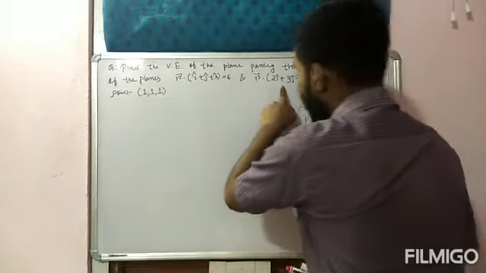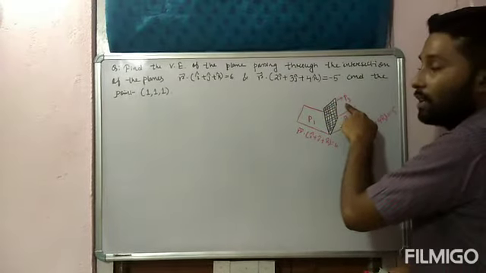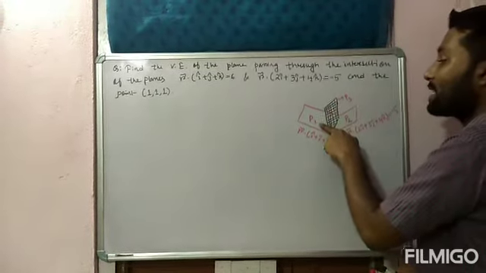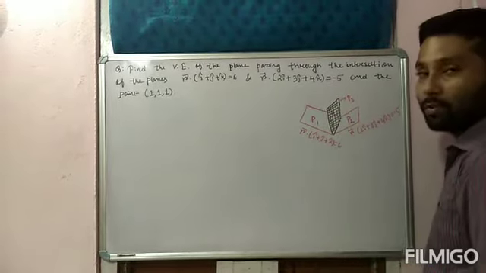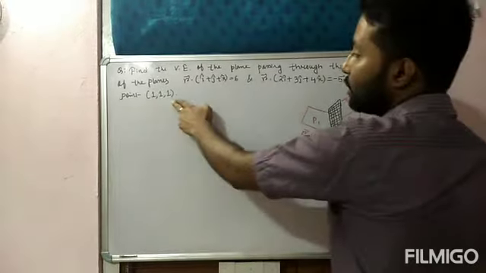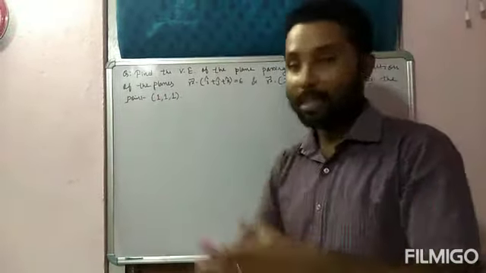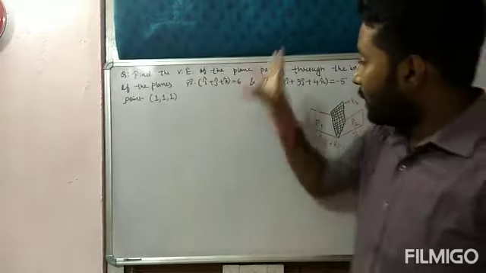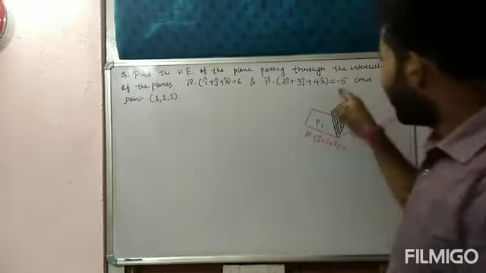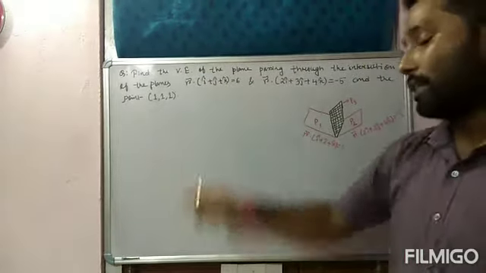That means you are asked to find the vector equation of P3 which is passing through the intersection of P1 and P2. Okay, and also the plane is passing through the point (1, 1, 1). I will come to that later, I will discuss that point later. First of all, just see up till here, that is the vector equation of the plane passing through the intersection of these two planes.